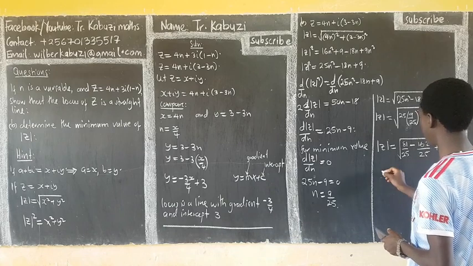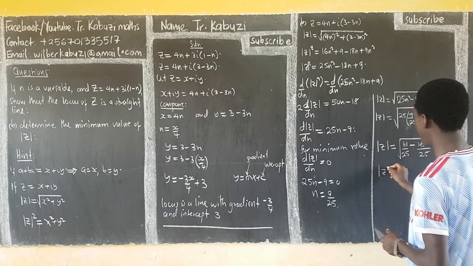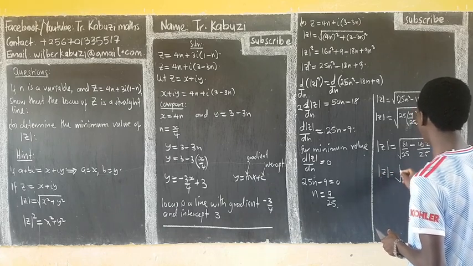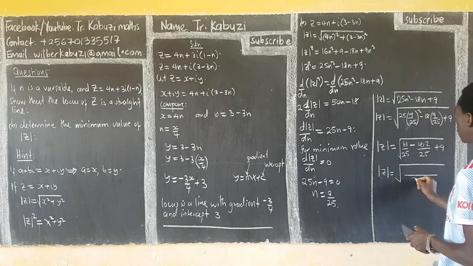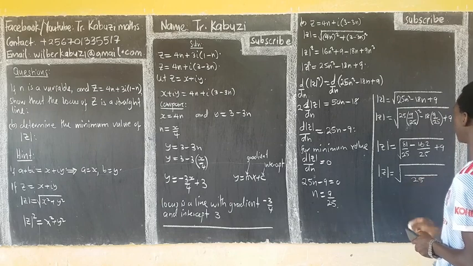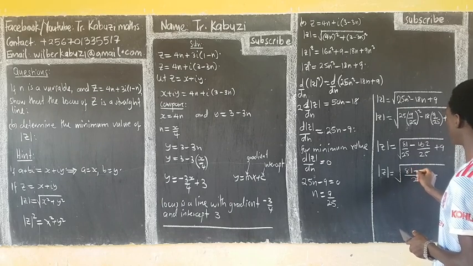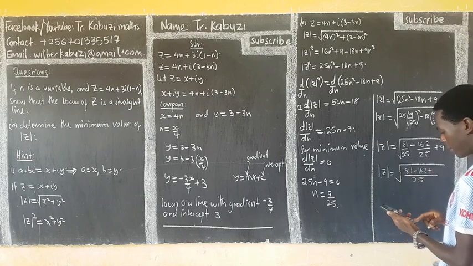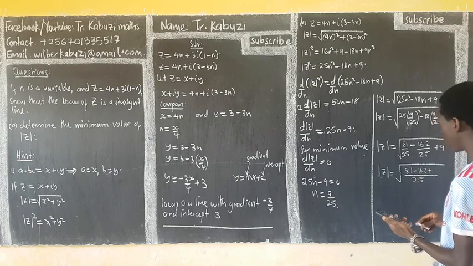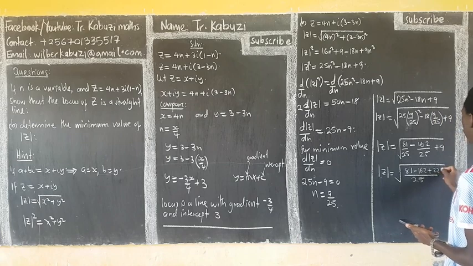My LCM is going to be 25. So I have 81 minus 162 plus 225.